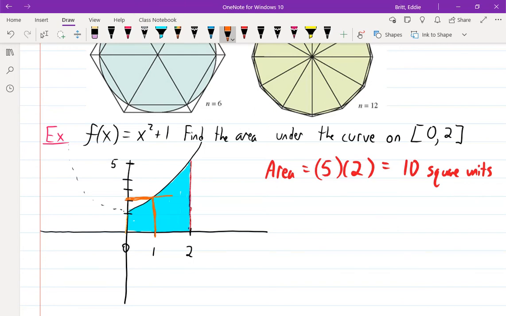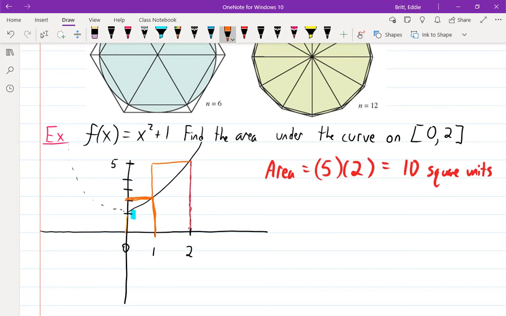Ooh, look at me, I know that I'm talking about the space under the curve. And then I made another rectangle, let's say we went up here to where x was 2. So we have one rectangle that's going to have a height of f of 1, and one rectangle that's going to have a height of f of 2.